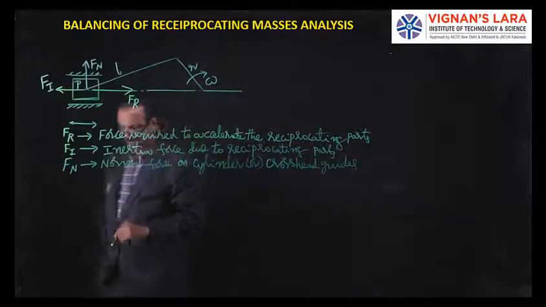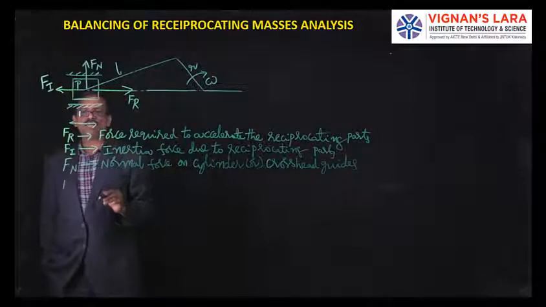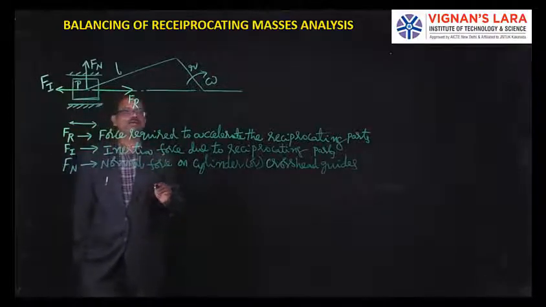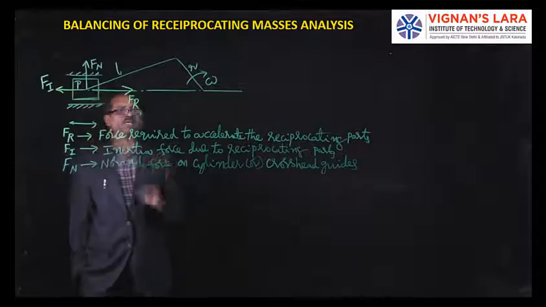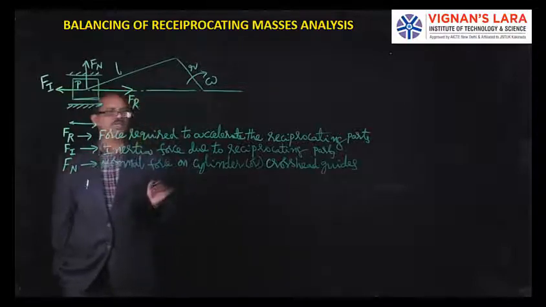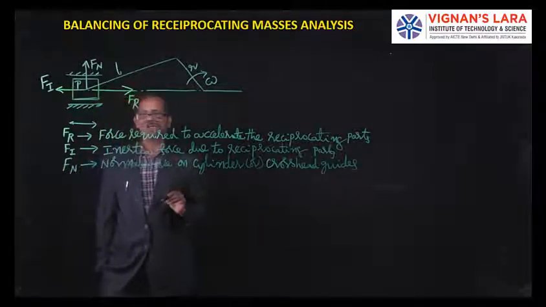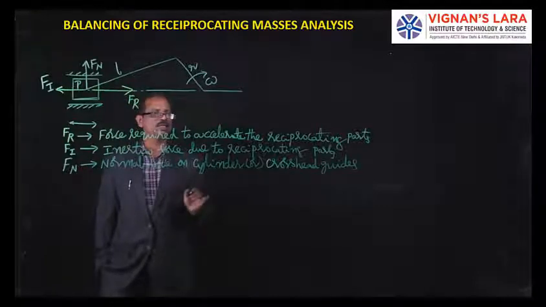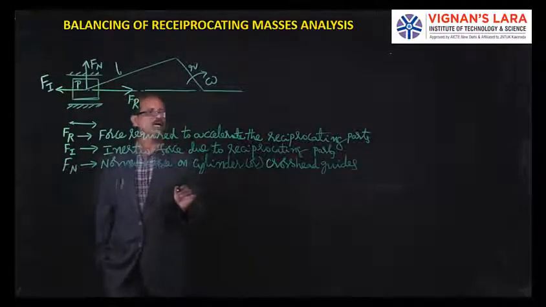So Fr, Fi and Fn are the forces: Fr is the force required to accelerate the reciprocating parts, Fi is the inertia force due to reciprocating parts, and Fn is the normal force on the cylinder or the crosshead guides.